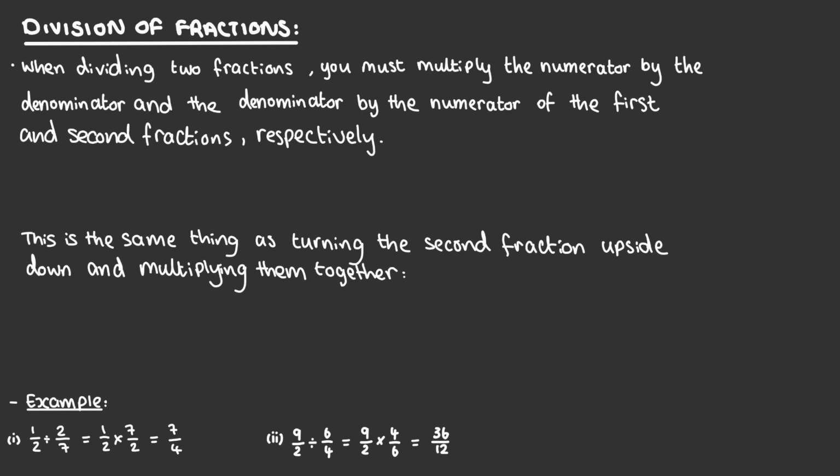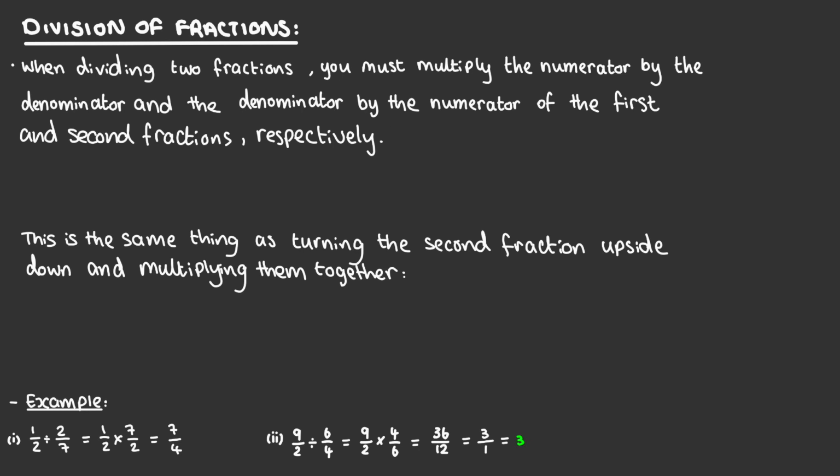Now, since we haven't simplified 6 over 4 into its equivalent fraction 3 over 2, we can now simplify 36 over 12 by dividing the numerator and the denominator by 12. 36 divided by 12 is 3, and 12 divided by 12 is 1. So we're left with 3 over 1, or more simply, 3.